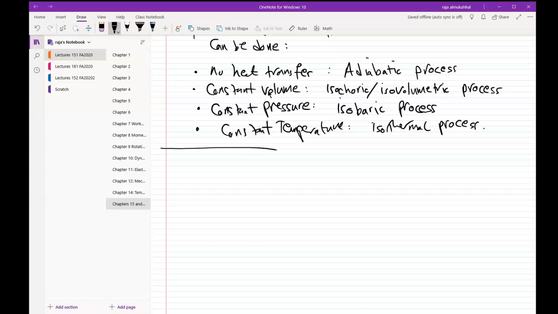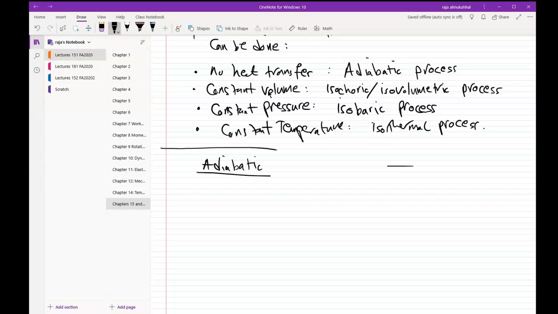Let's begin with the adiabatic. So adiabatic means I am, let's say, changing the volume or changing the pressure or changing the temperature without adding heat or subtracting heat from the system. You get that? An example of that would be, again, I like the cylinder piston system.